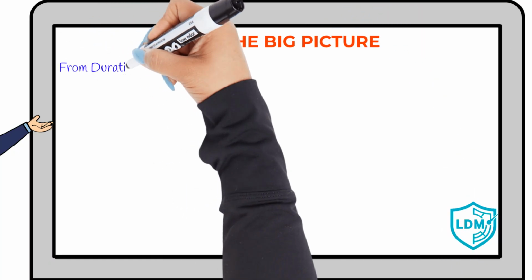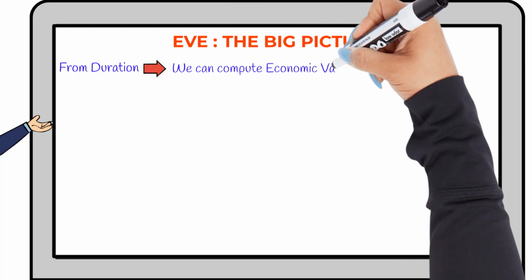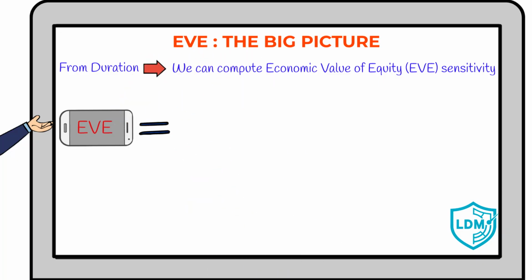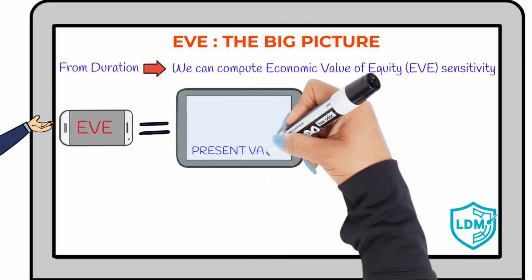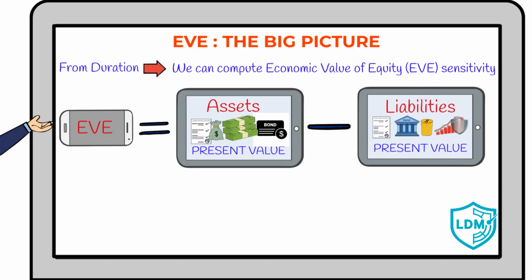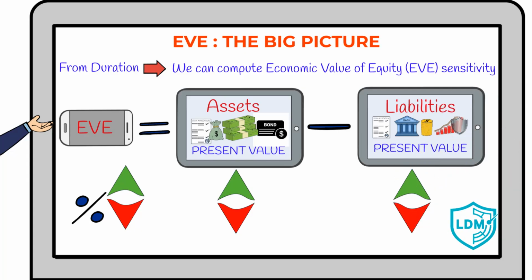Once we know the duration of assets and liabilities, we can compute economic value of equity, EVE, sensitivity. EVE is simply present value of assets minus present value of liabilities. When interest rates move, both sides change in value, but not equally.